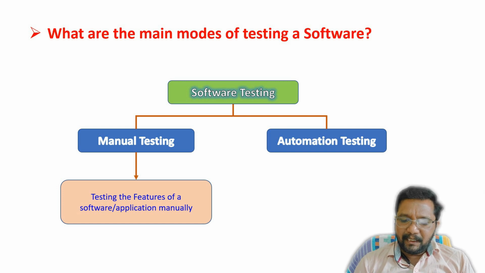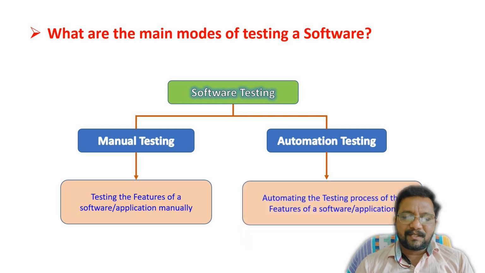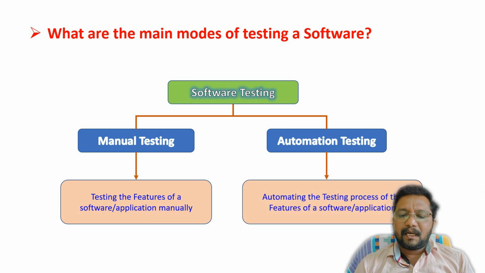And the second one is automation testing. The simple definition for automation testing is automating the testing process. Whatever testing we do manually, we do by using some testing code, scripts, and automation tools available like Selenium, WebDriver IO and Playwright.